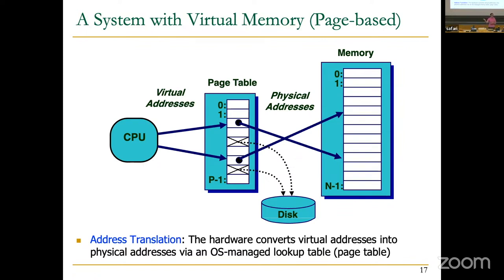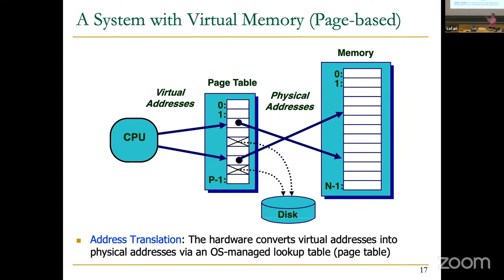And there was a time in the world 50, 60 years ago when that was the case, okay? In some systems actually, maybe even 20 or 10 years ago. In some cases, maybe it still exists, but a very small amount. So basically the hardware converts virtual addresses into physical addresses via this lookup table, the page table. But this page table is actually cooperatively managed by the operating system and the hardware together. So we're going to talk about this management.